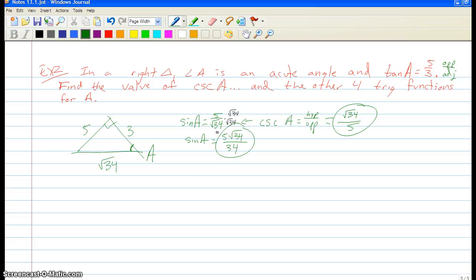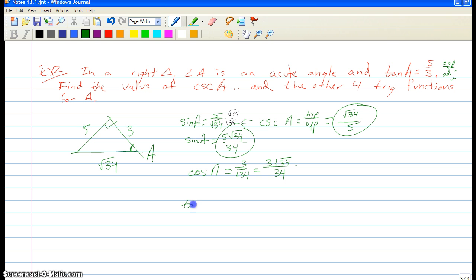We can keep getting the other ones. We could get cosine of A as the adjacent over the hypotenuse, or 3 over square root 34, which rationalized is 3 square root 34 over 34. 34 is not divisible by 3, so it doesn't reduce anymore. So that's our answer.